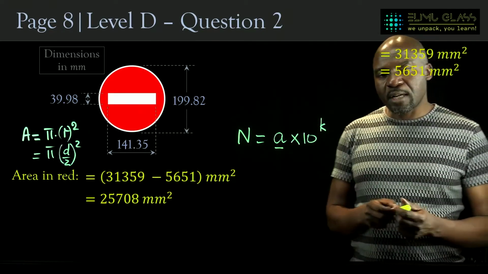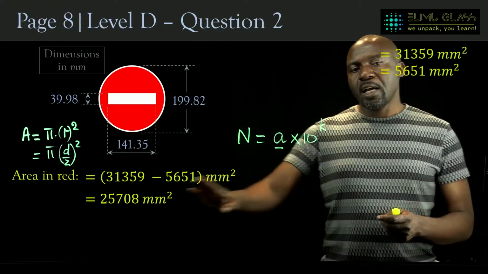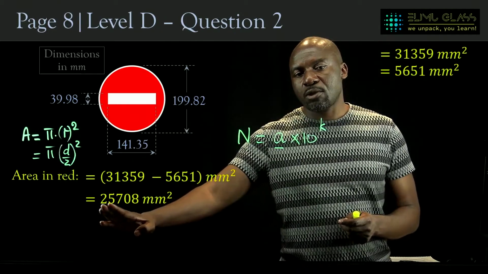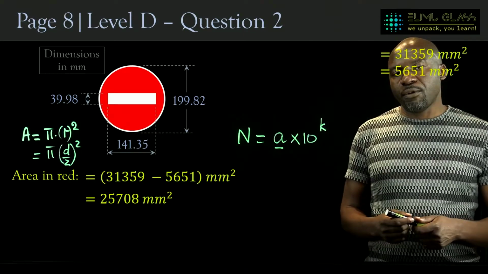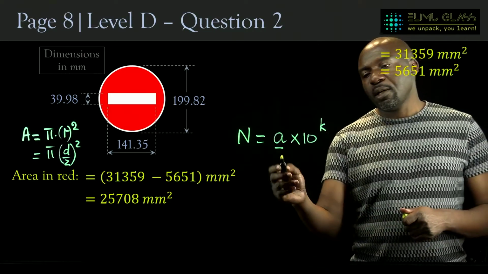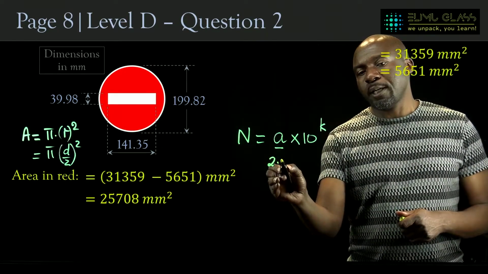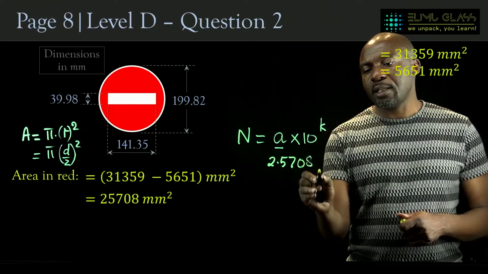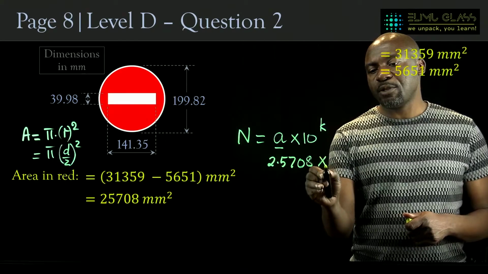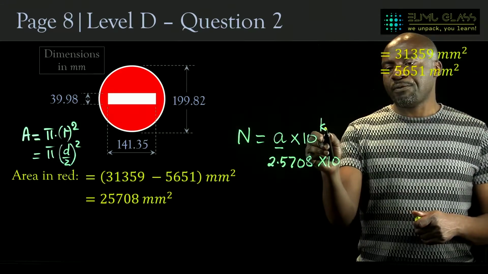So think about a number that lies between 1 and 10, which has the same digits 2, 5, 7, 0, 8 in that order. And if you check carefully, that number must be 2.5708. Okay, and now we say times 10 to the power of K.